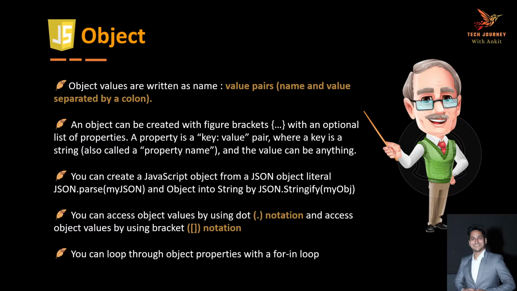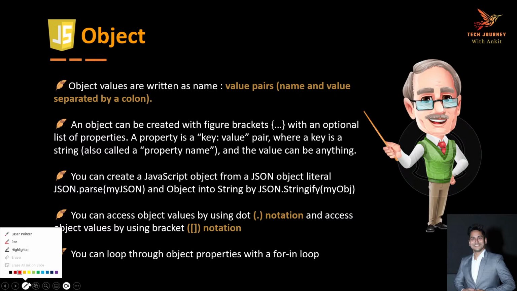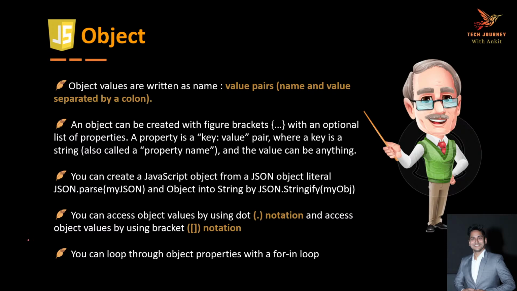That key can be anything and value can be anything. But here in the object, we have to always remember that the key must be a string. This is a very important aspect of the object. You cannot create the key as a collection. In case you have to do that, you have to go for other JavaScript features, that is the maps and the sets that I'll be covering down the line.